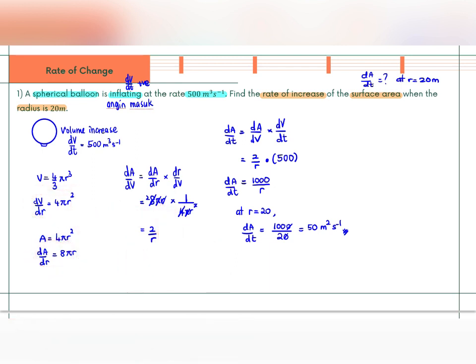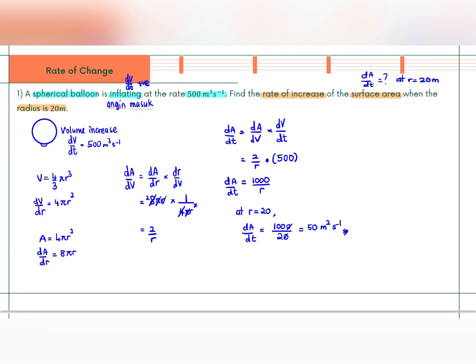Nanti kita combining them together still akan dapat jawapan yang sama lah. So it doesn't matter how you answer the question, as long as you are going to use the correct formula and the correct chain rule, so still akan dapat jawapan yang sama.